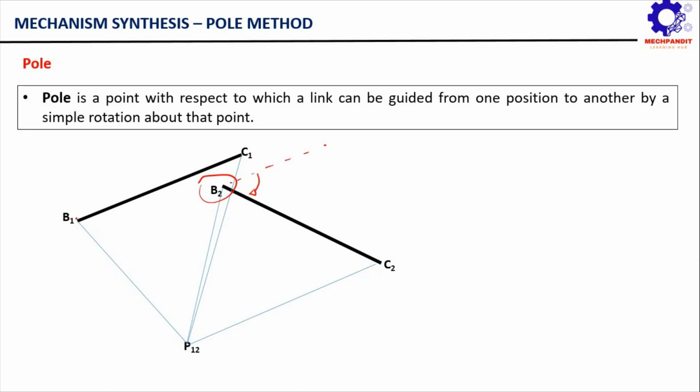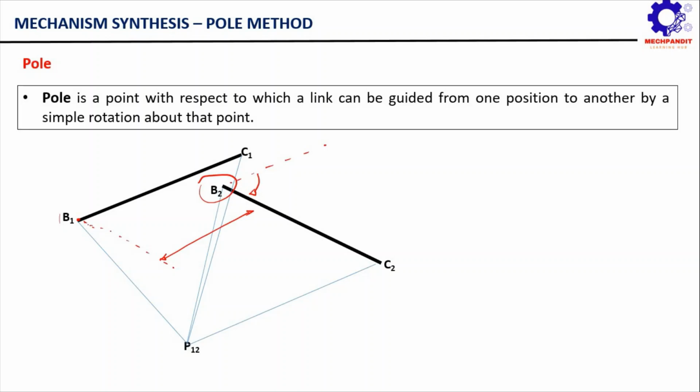Another approach is you rotate the link BC about this point B1 first, and make it parallel to this new position B2C2. And then you simply translate this link from position B1 to position B2. So you can see that the link BC can be moved from one position to another by a combination of translation and rotation.